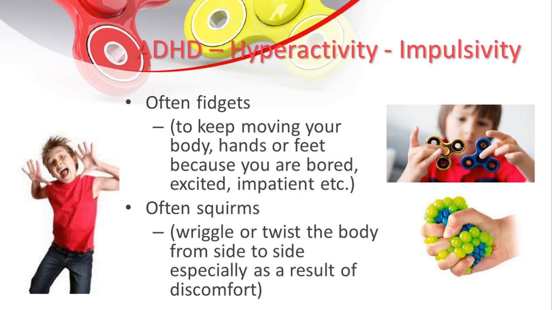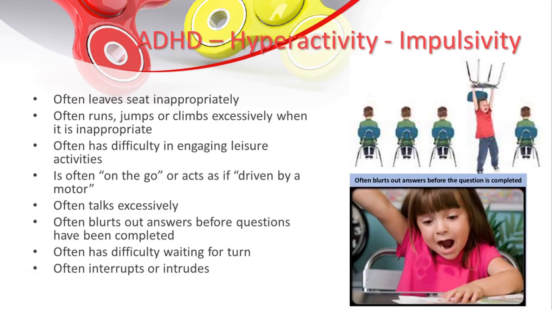They cannot concentrate on a particular task and get easily distracted, and these distractions are exhibited by movements of the body, hands or feet. They show their lack of concentration by being restless or impatient.